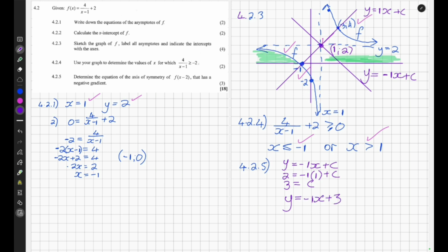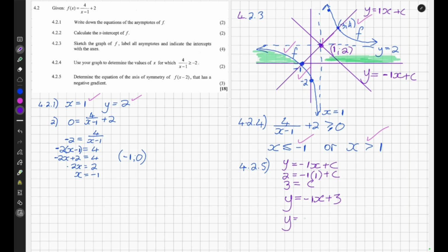Now watch out. This is the original before it moved. So I must now move this 2 units to the right. I can see where the y-intercept was 3, the y-intercept is now going to be 5. Because the gradient is minus 1, everything just moves 2 units to the right, or you can see this line moves 2 units up.